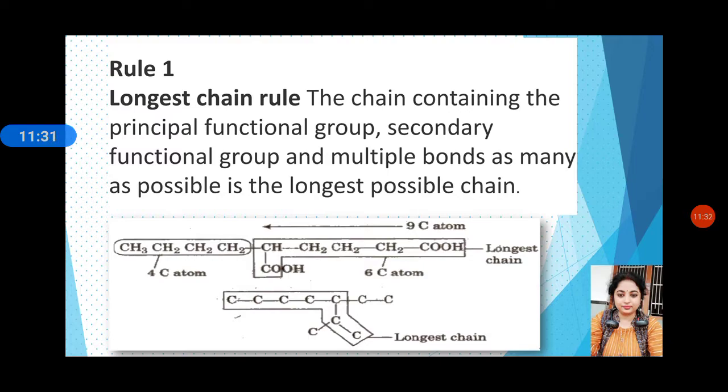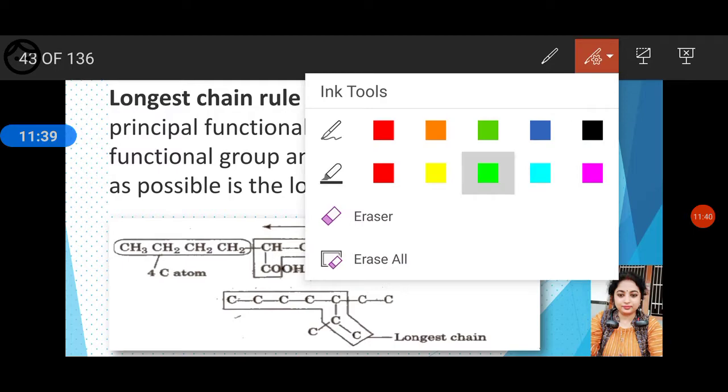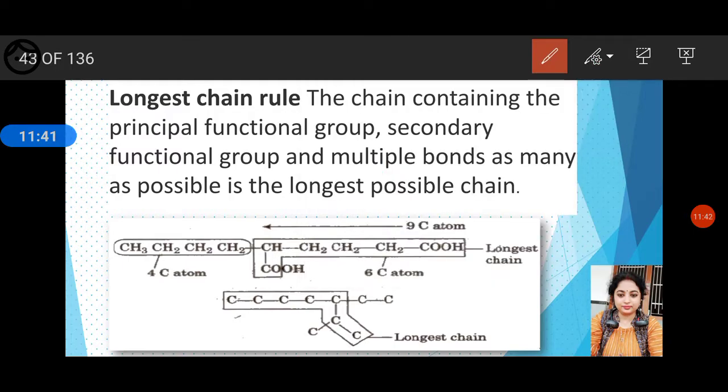Each systematic name has two or three of the following parts. Number 1, it should have a root word. Number 2, it should have a primary suffix. Number 3, it should have a secondary suffix.